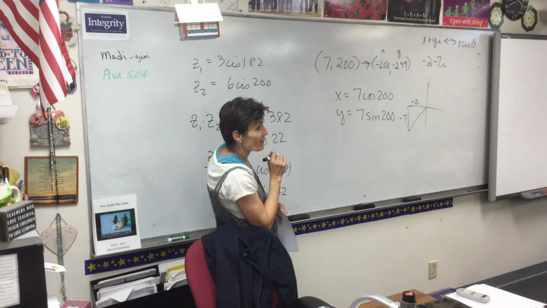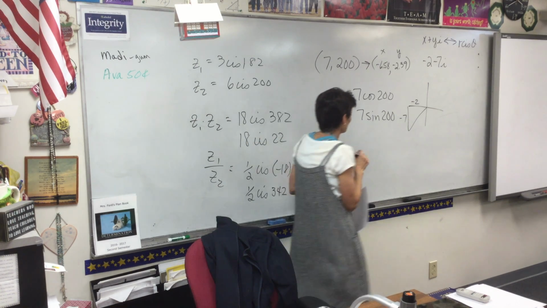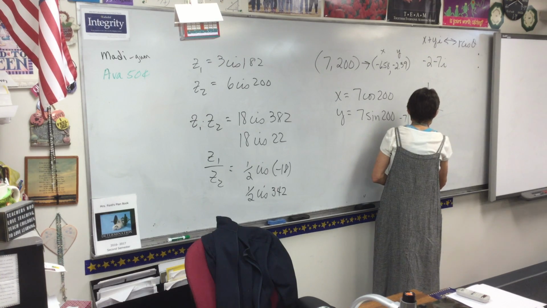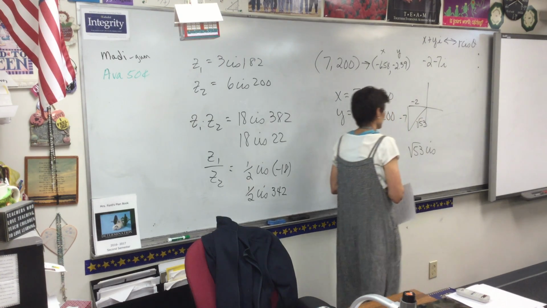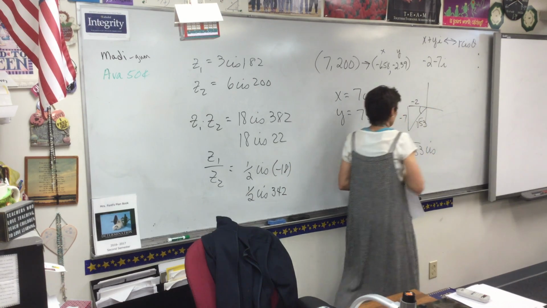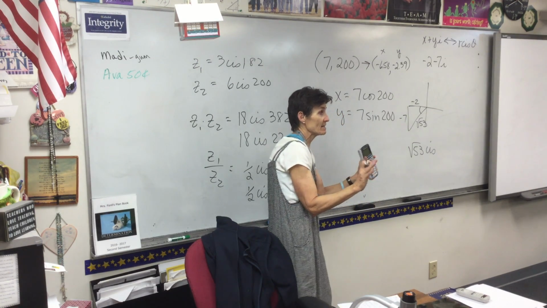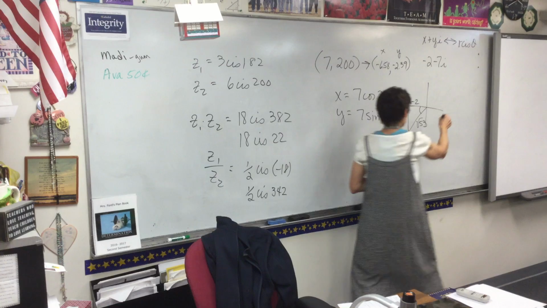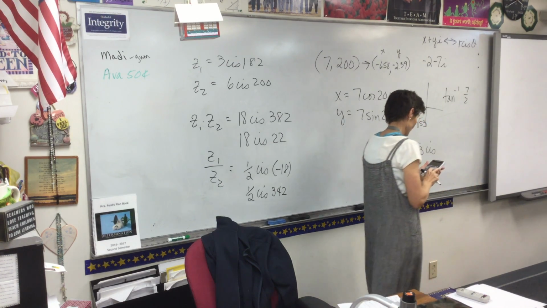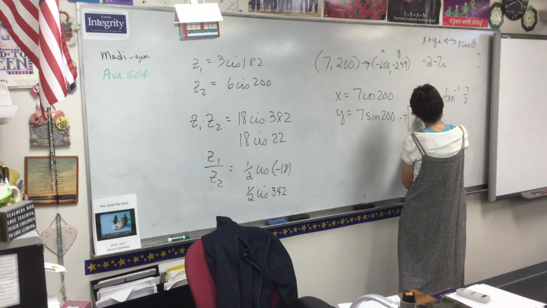What's my r? Pythagorean theorem. R is root 53. So there's my r value. How do I find my angle? Well, first I gotta find the angle. Second tangent. So I'll second tangent 7/2, and I get 74.05.